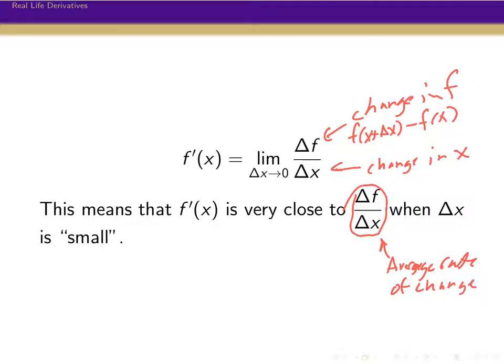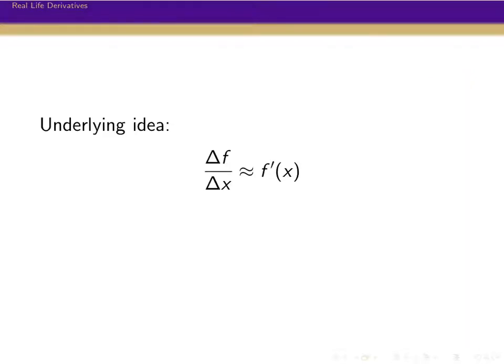So what this sentence is saying is that f prime of x is roughly going to be the average rate of change when delta x is small. And so the underlying idea: average rate of change is about the derivative.